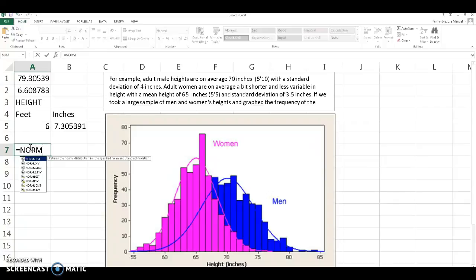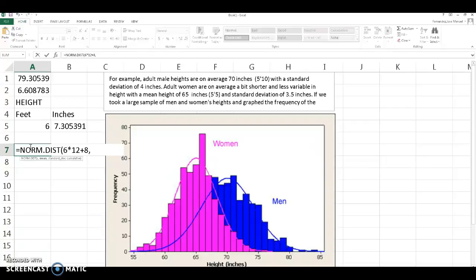We can say NORM.DIST. We're going to put in a value of x, which we know is going to be 6 feet 8 inches. So if it's 6 feet 8 inches, that's going to be 6 times 12 plus our 8 inches.